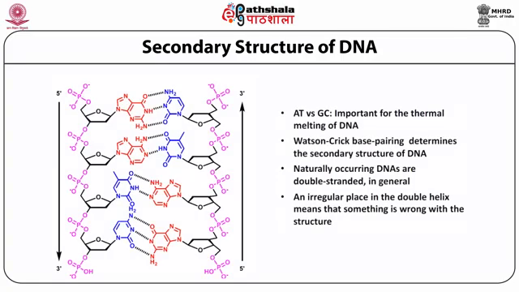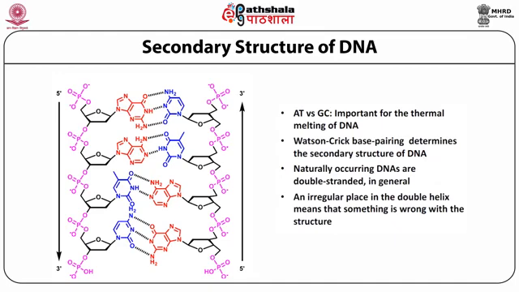And now that we have understood the hydrogen bonding pattern between complementary base pairs, let's look at the secondary structure of DNA. We also know the primary structure, where the phosphate and sugar backbone runs in a particular direction, that is the 5' end to the 3' end. 5' means that's where the phosphate group is linked to the fifth carbon of the sugar, and 3' is where the phosphate group is linked to the third carbon of the sugar. One primary strand of DNA runs 5' to 3'.